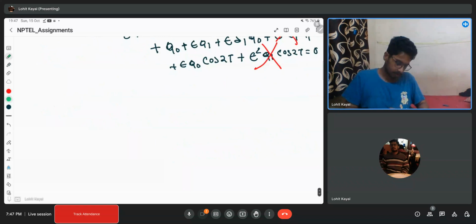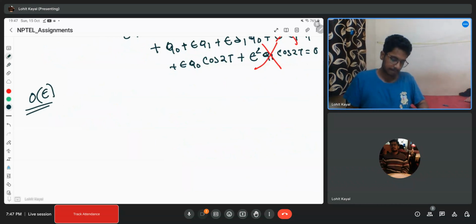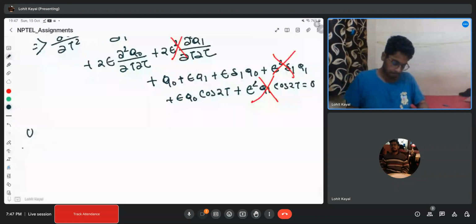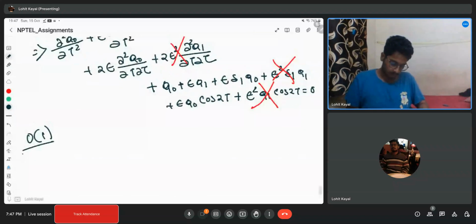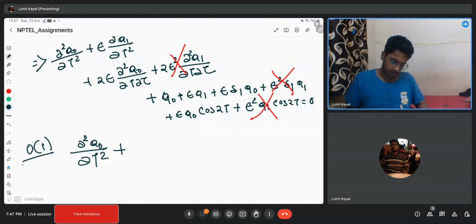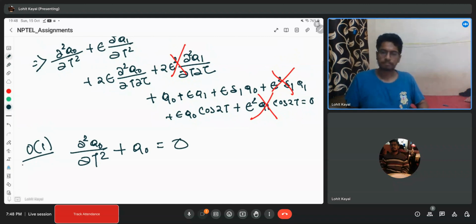So for order 1, we have ∂²A0/∂t² plus A0 is equal to 0.